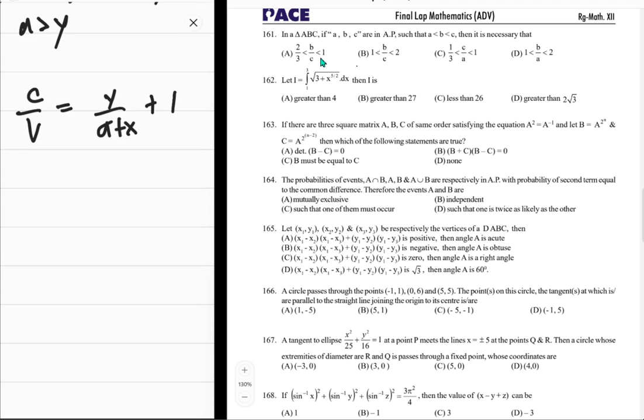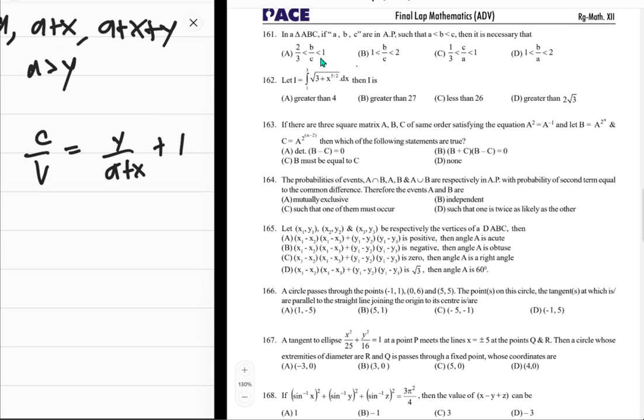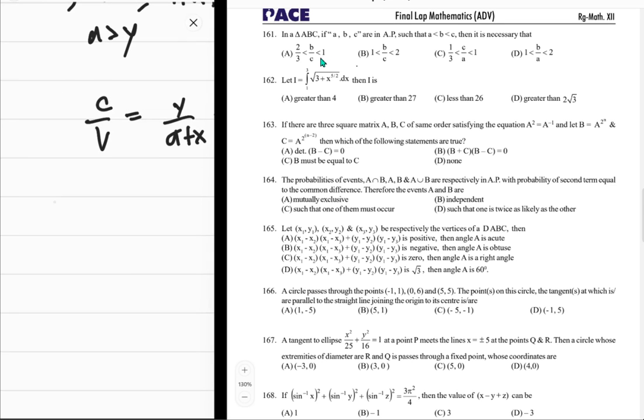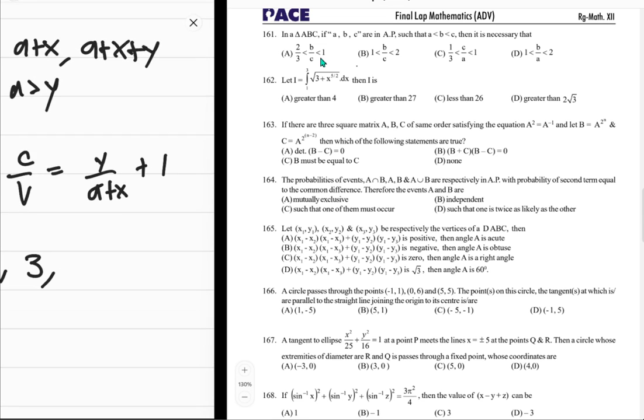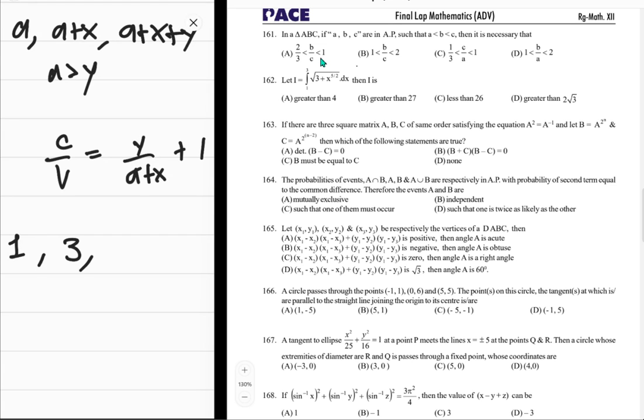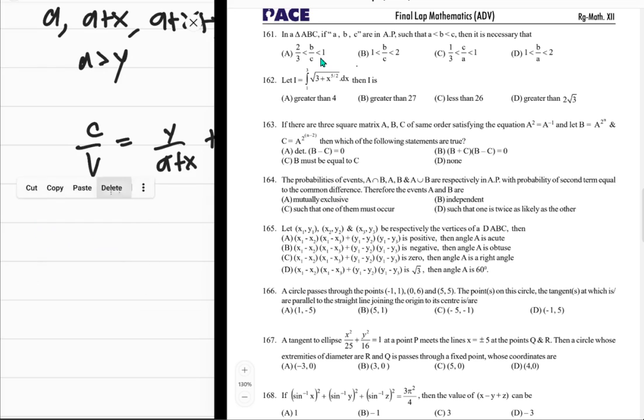So Y upon A plus X, but Y is smaller than A and you don't know anything about X. X can be anything, X can be as large as anything. Seriously? So let's try it out. Let's say if A was 1, then we could also put X as 2. It's possible for X to be bigger than A. Then this would be 3, and then 3 plus something less than A. Okay, let's take A as 2.